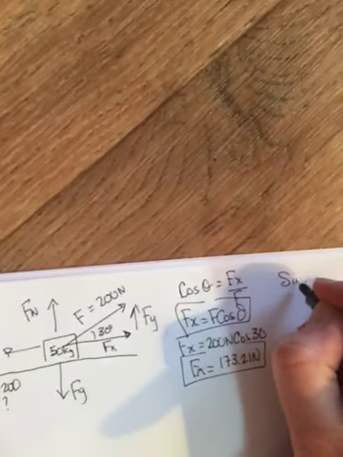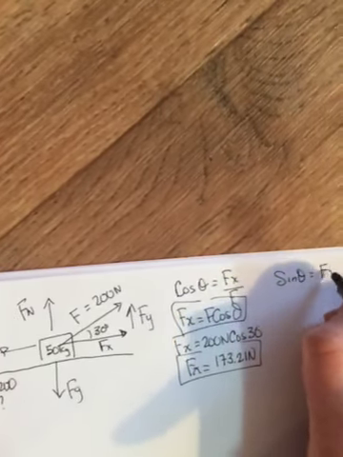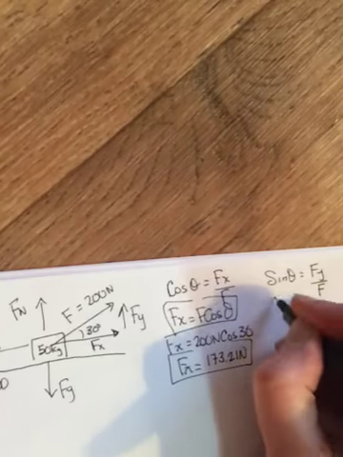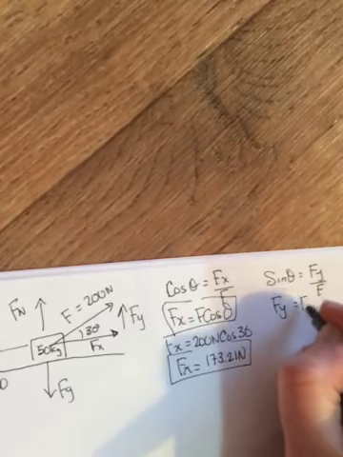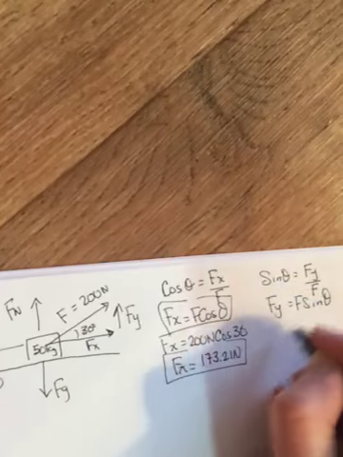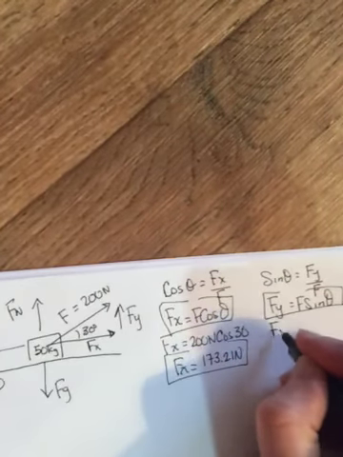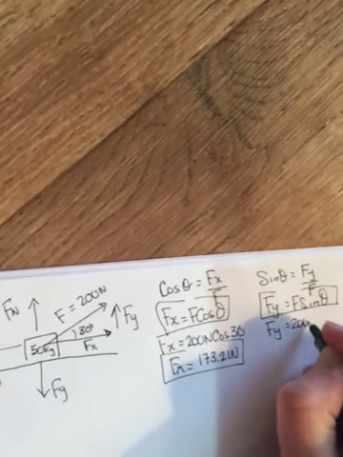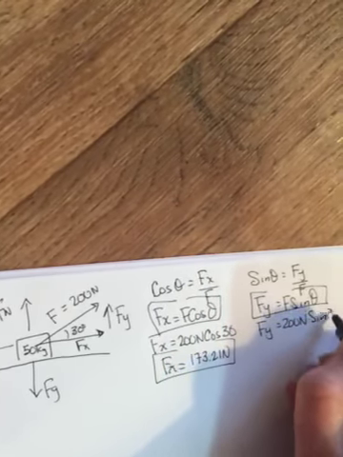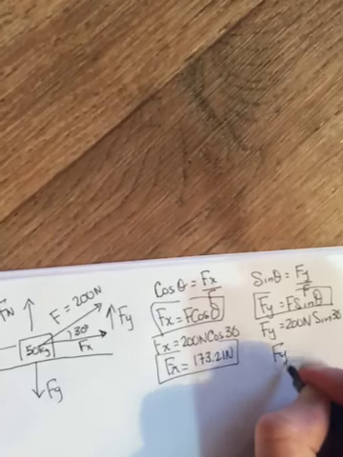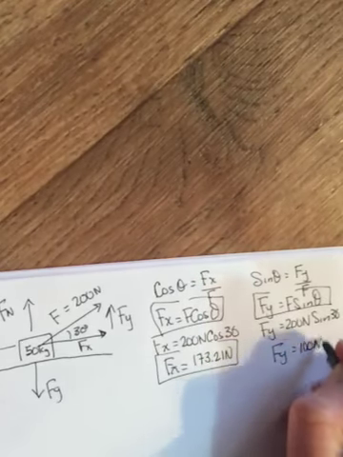Fy will be sine theta, it's equal to Fy over F. Fy is equal to F sine theta. Again, I'd be tempted to stop here, but if you didn't, Fy is equal to 200 newtons sine of 30, and that's a nice pretty number, 100 newtons.